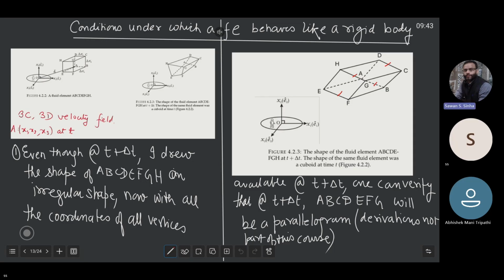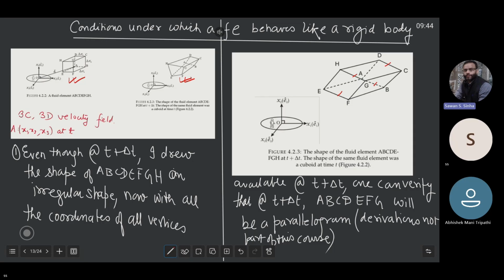Now, this is the diagram I have been showing you earlier for a 3D velocity field. I had a cuboid and then I showed a distorted shape. My idea is to just draw a kind of freehand sketch and highlight the fact that it will get distorted. That's why I drew it like that.